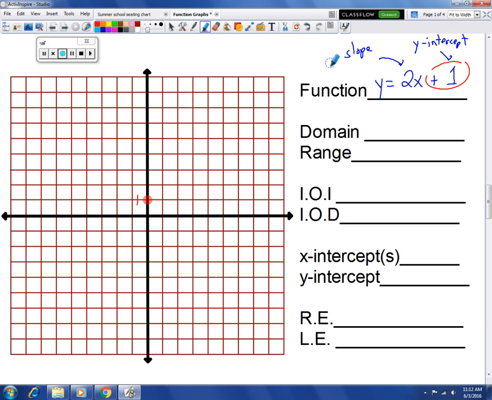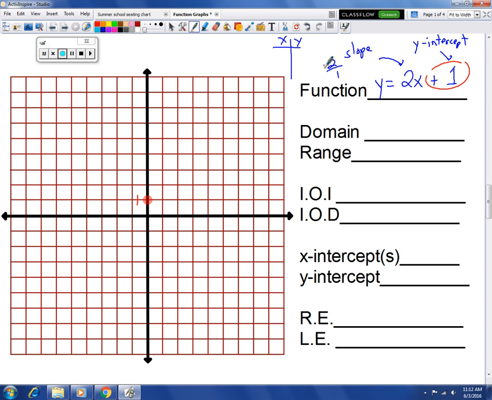You're going to find this much easier than making a t-chart and picking x values, because the problem with doing that is, what x values do you pick? You don't have to do all that. The slope is 2 over 1. Rise is 2, run is 1.